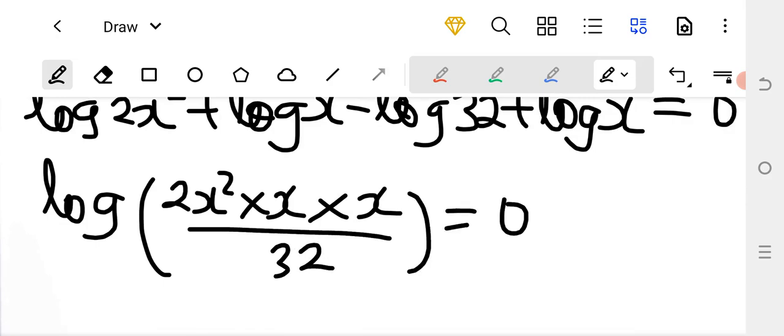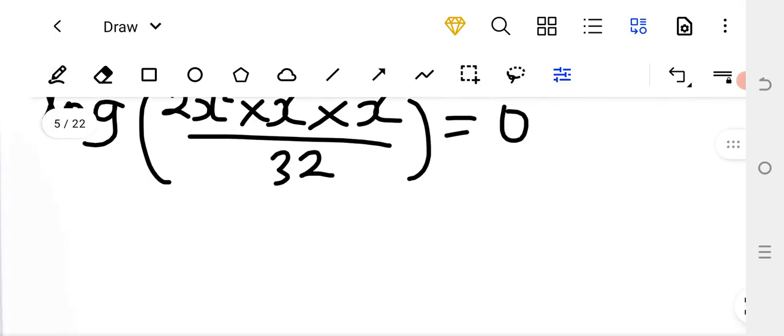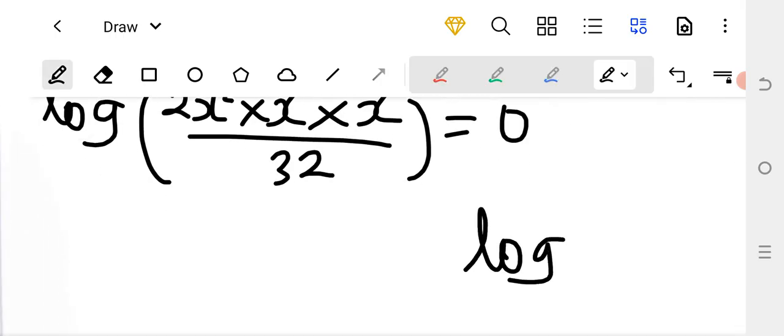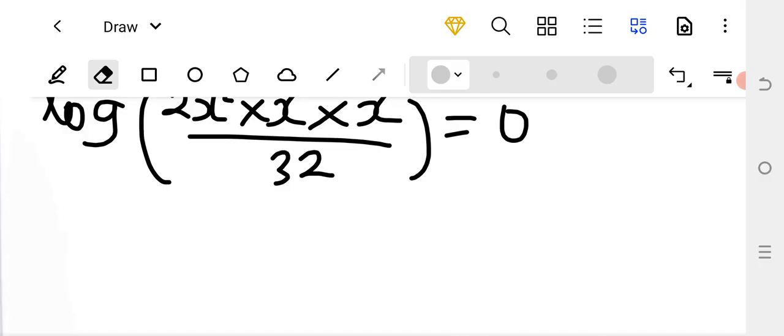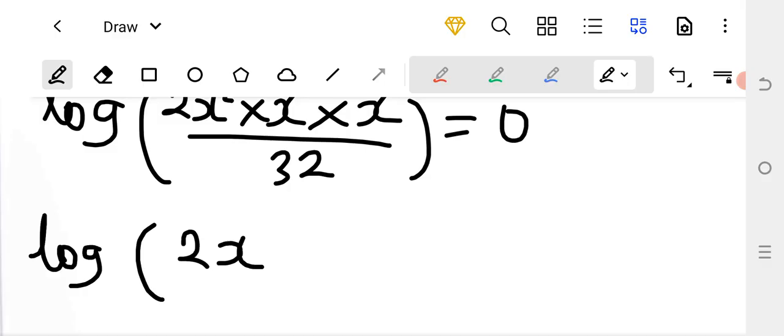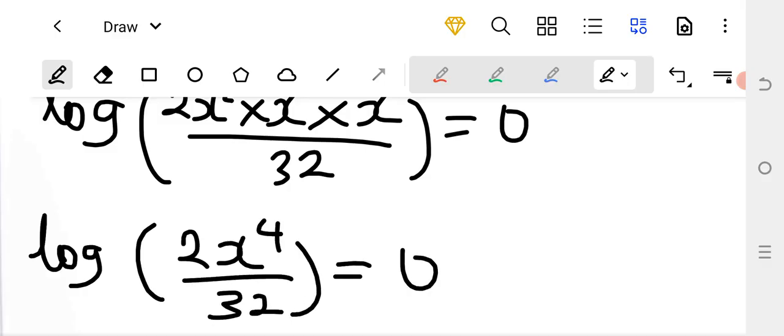is equal to 0. Remember what I was saying? When you just have log like this, there's an invisible base 10 that you cannot see. That property will be very important very soon. So log of 2x to the power 4 divided by 32 is equal to 0.